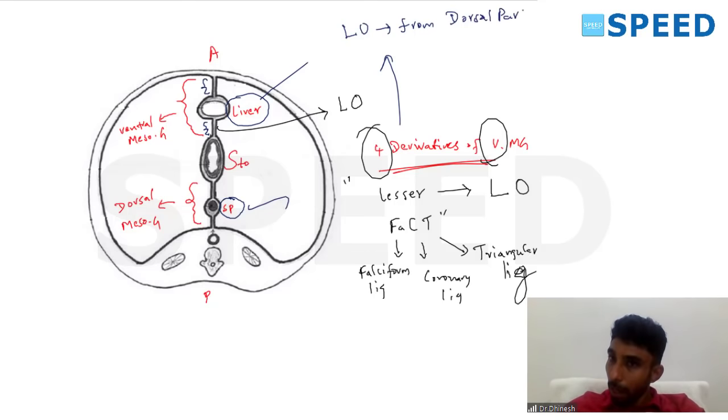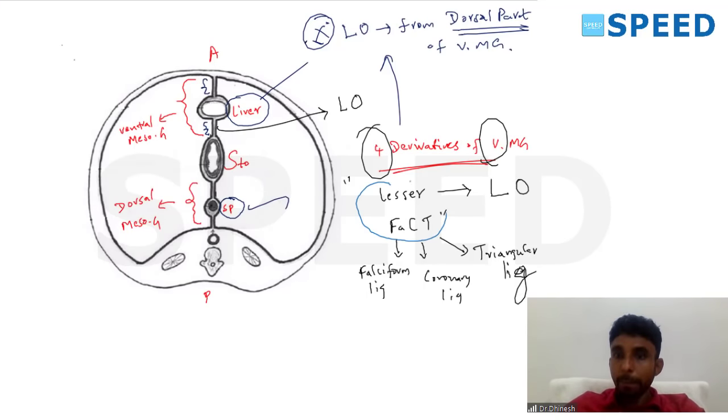Yes, dorsal part of ventral mesogastrium. This question has been asked earlier, so take care. This can be asked again. So out of these 4 derivatives, the only derivative of the dorsal part of the ventral mesogastrium is lesser omentum. Remaining 3 are derived from the ventral part of ventral mesogastrium.